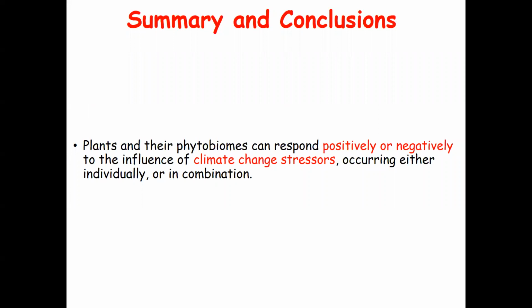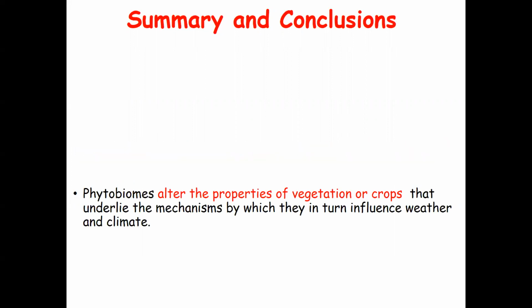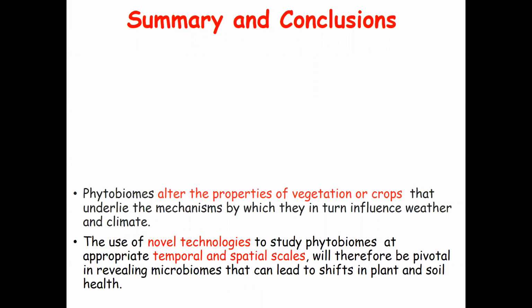Plants and their phytobiomes can respond either positively or negatively to the influence of these climate stresses, occurring either individually or in combination. The phytobiomes will alter the properties of vegetation or crops, and these underlying mechanisms will in turn influence weather and climate, the feedbacks that I alluded to earlier on.